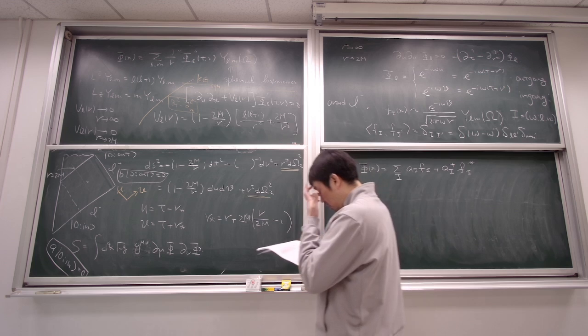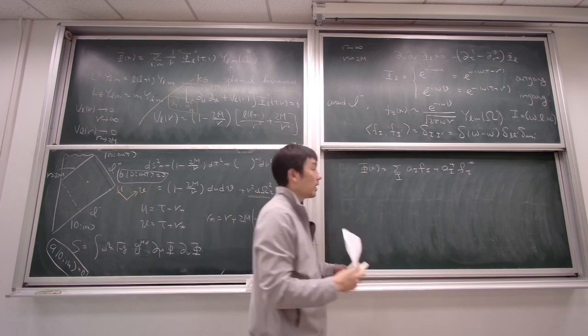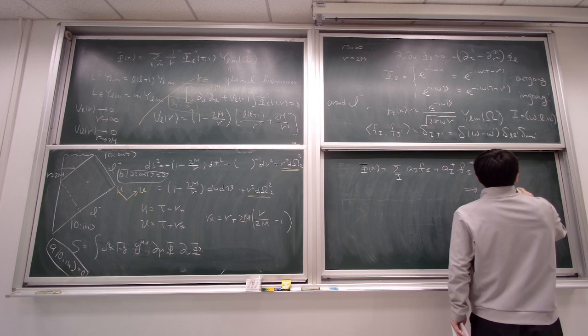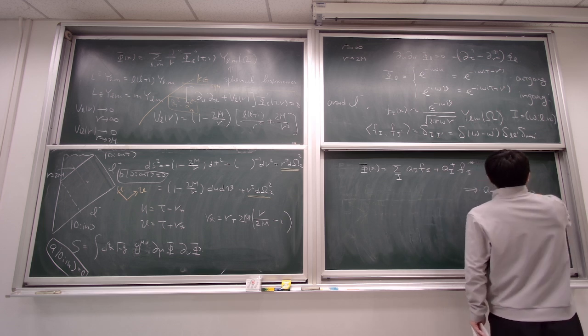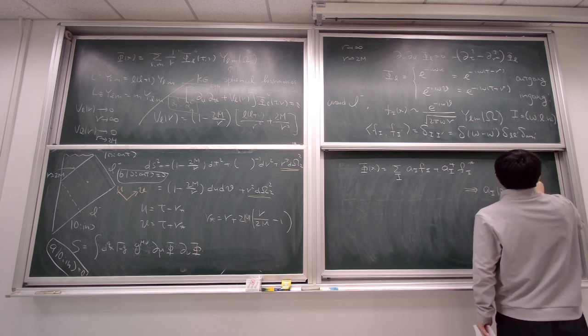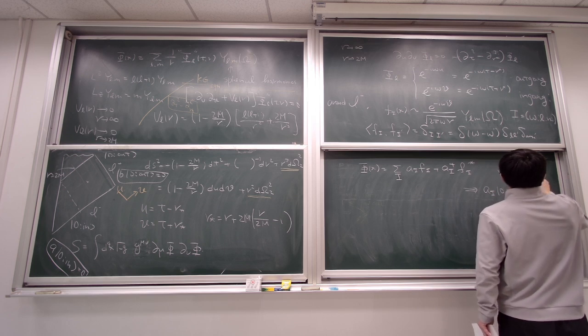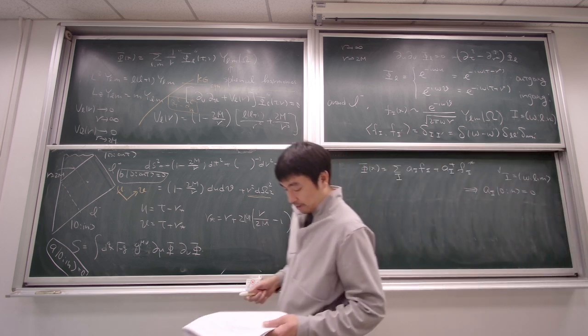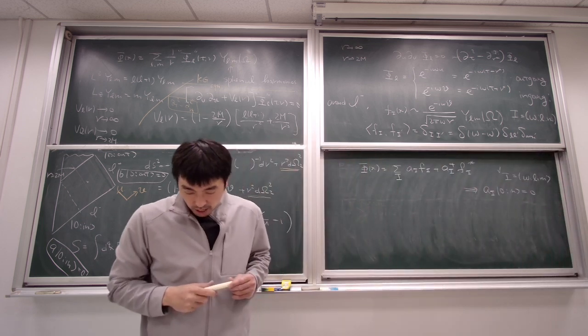That's the usual story we have. Then we define the in vacuum as usual, where a_i on 0 in is equal to 0 for any i, with i being omega, l, and m. So that's what we have done.